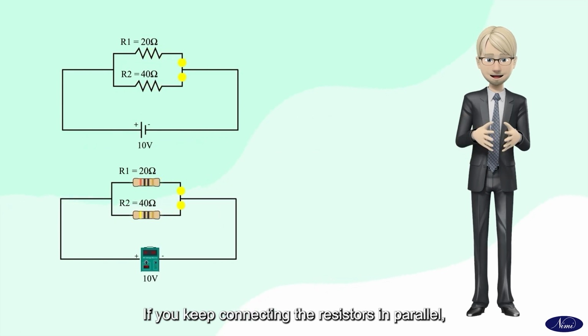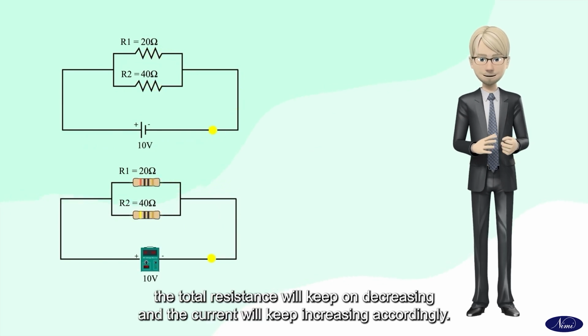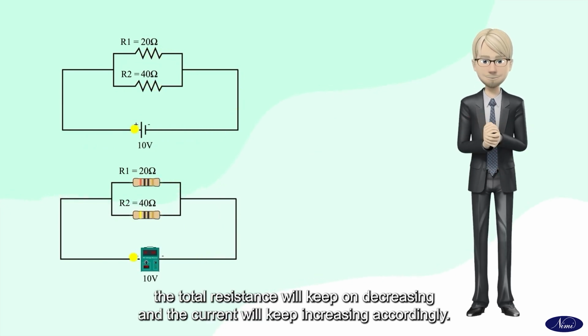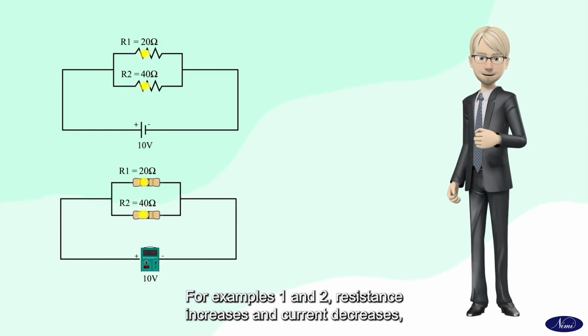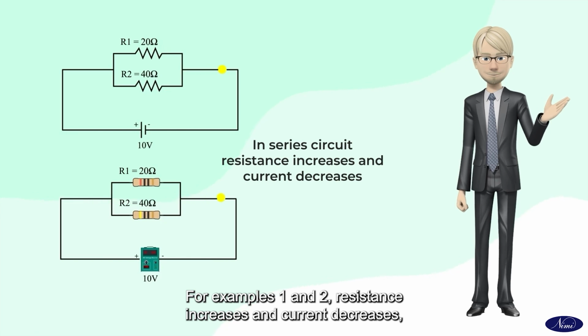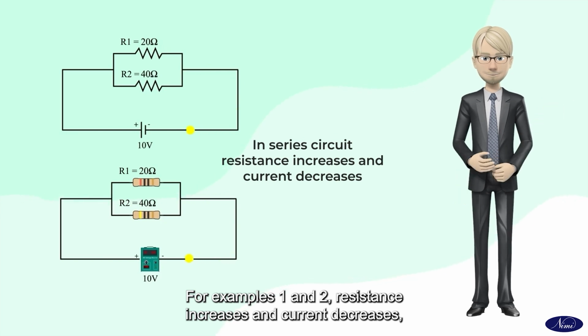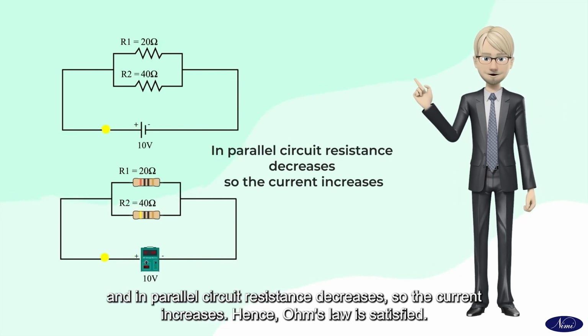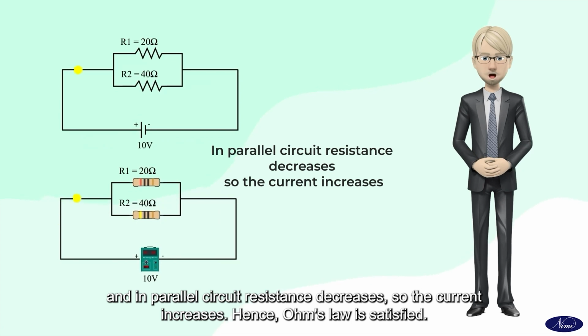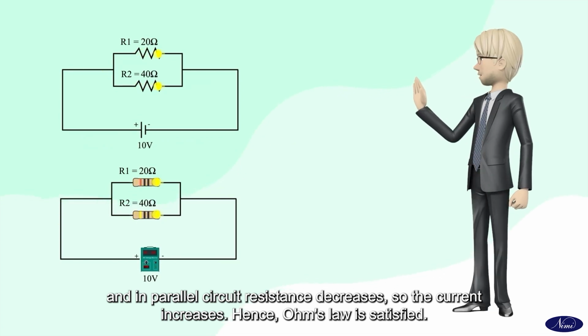If you keep connecting the resistors in parallel, the total resistance will keep on decreasing and the current will keep increasing accordingly. In the series example, resistance increases and current decreases, and in the parallel circuit, resistance decreases, so the current increases. Hence, Ohm's law is satisfied.